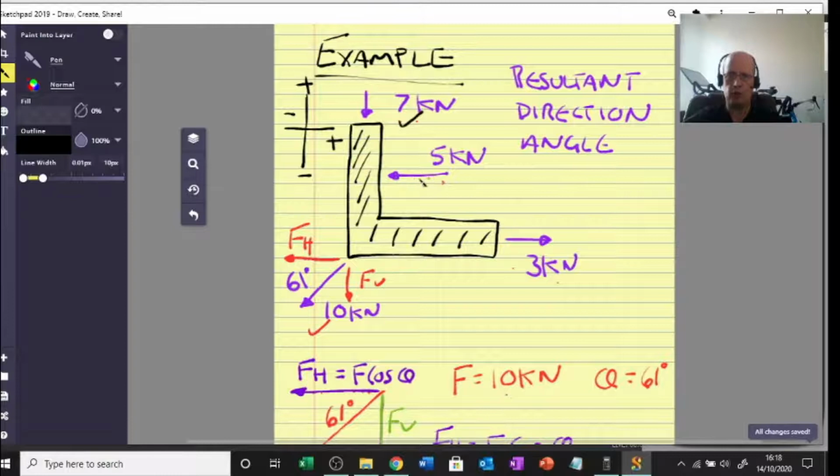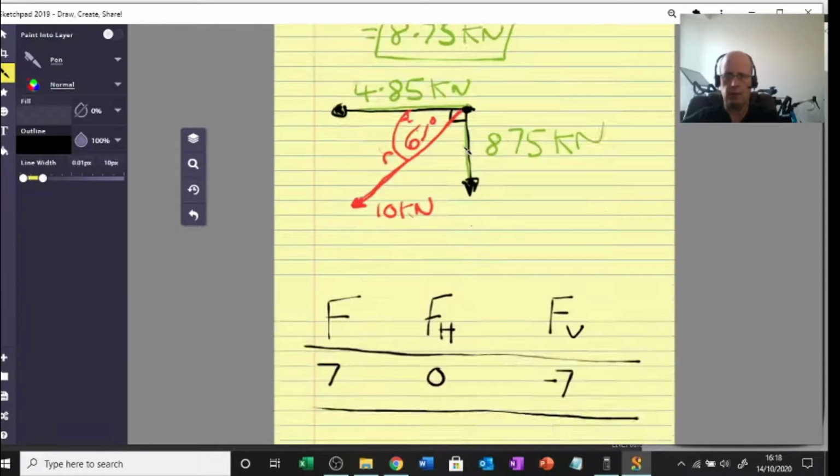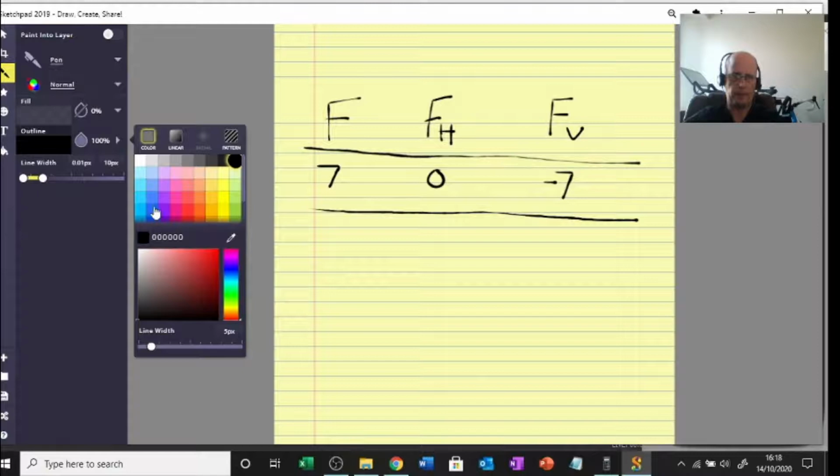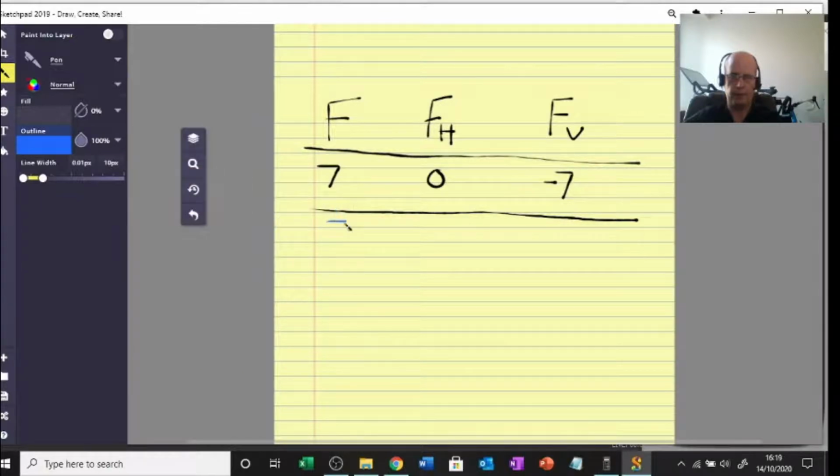Number 5. This 5 here is going horizontal, so there's no vertical. It's going to the left. So minus. Let's do a different color. I'll put a 5. It was not going vertical, it was going to the left, so I'm going to put minus 5 in there.